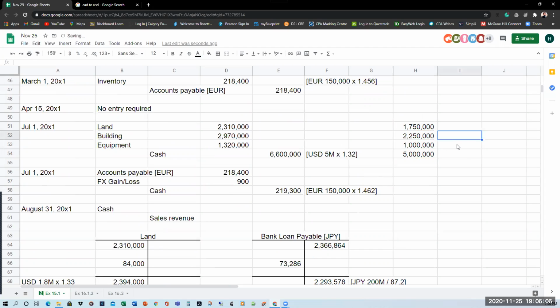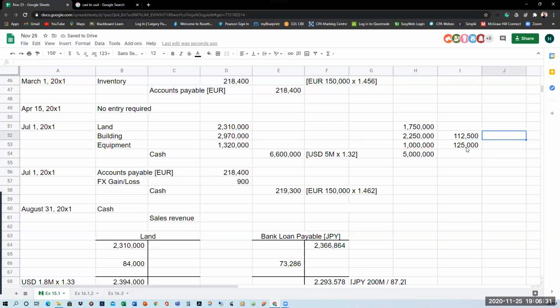And then we could have calculated the depreciation. So the building, 10 years, half a year. In US dollars, the depreciation would be 112,500. On the equipment, the depreciation would be 125,000.